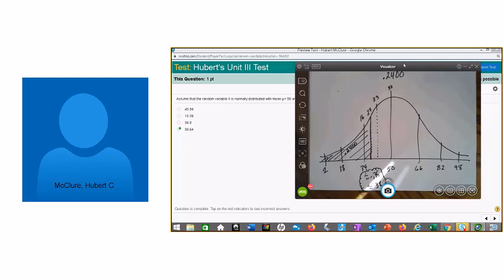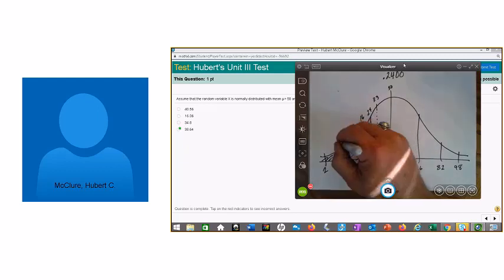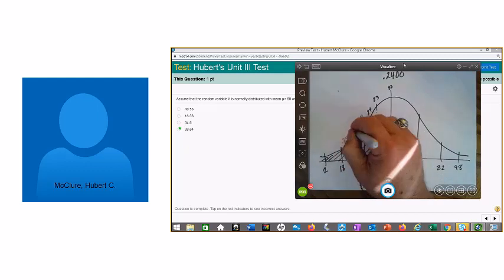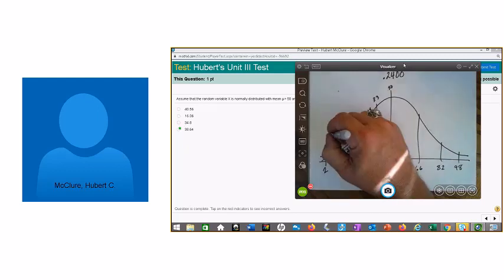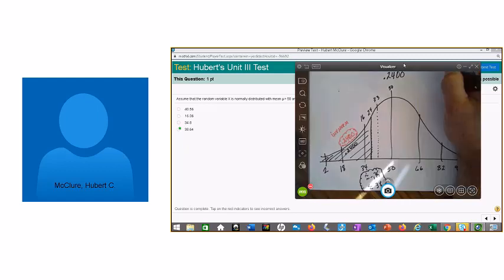Now we're going to actually find out with peach. So I've got an area, and I need a z-score. If I've got an area and I need a z-score, I use inverse norm. So I'm going to type in second vars, inverse norm, and 0.2400.